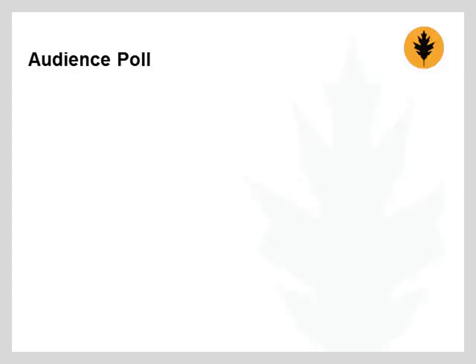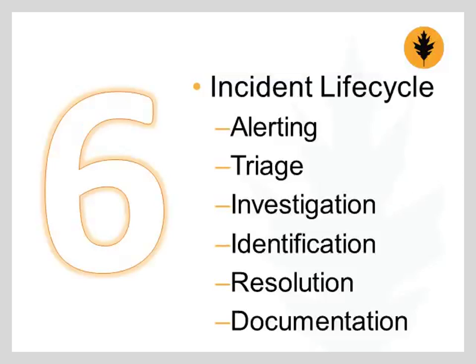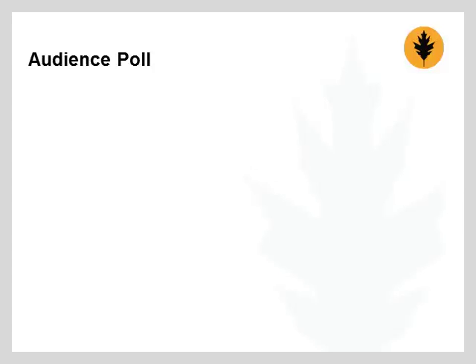But before we do that, I actually want to do a quick poll. I'm going to go back real quick, and I want you to take a look at these 6 phases of the incident lifecycle, and tell me which one you think requires the most time. So moving forward into our poll here, let me pull up the voting.